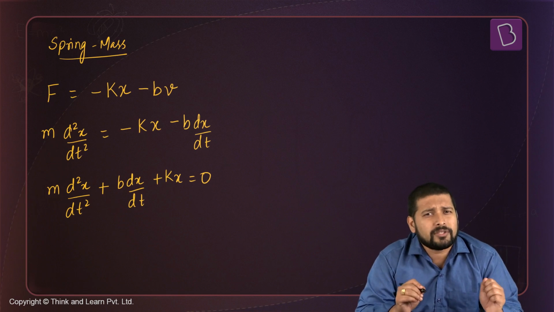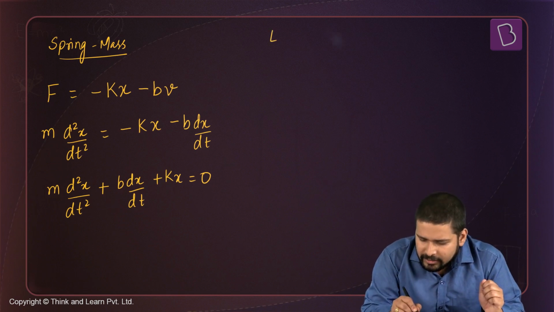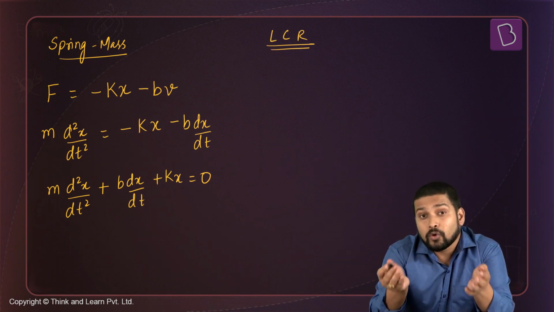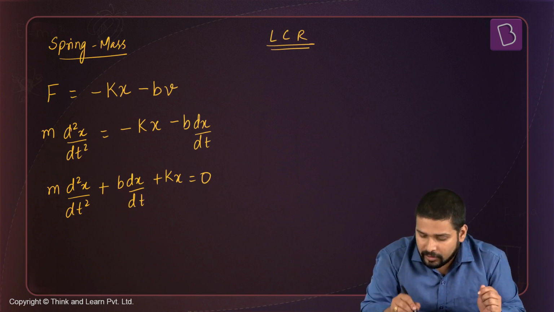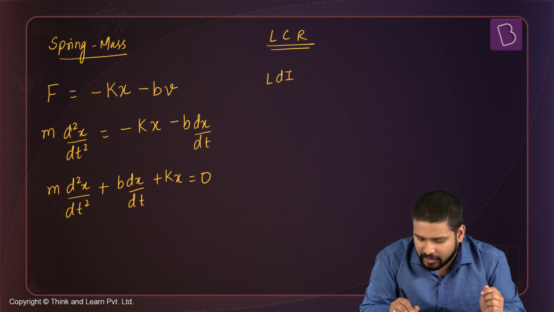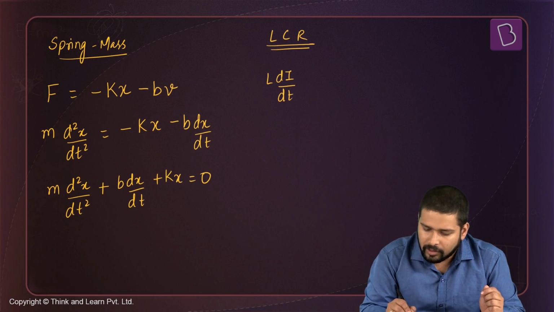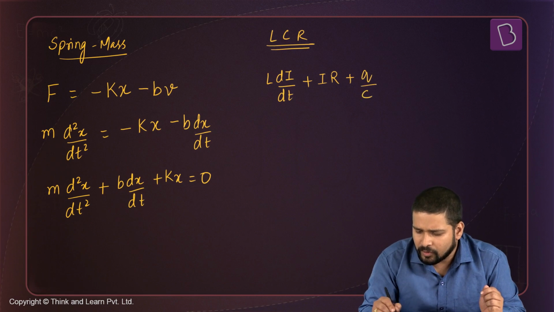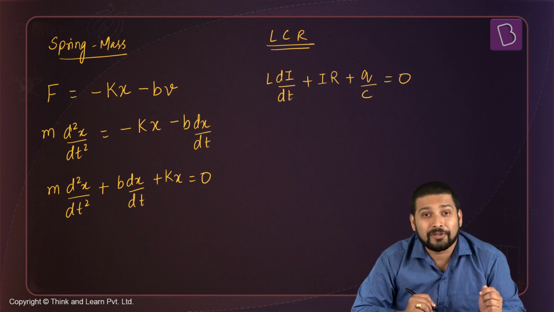Now what about the LCR circuit? So for the LCR circuit we can write the expression for an entire loop of voltage: L di by dt plus IR for resistance plus Q by C for the capacitance, and this is equal to 0, right?